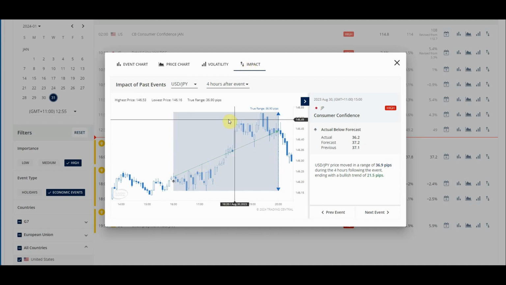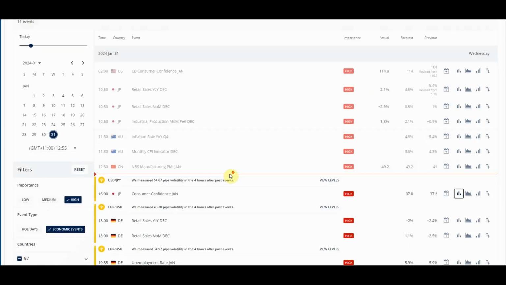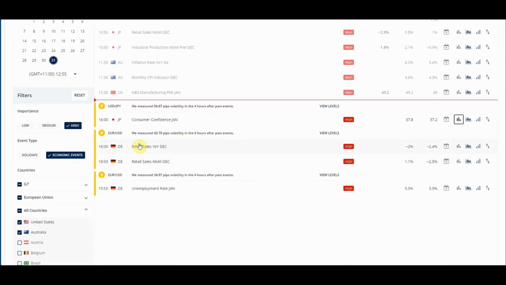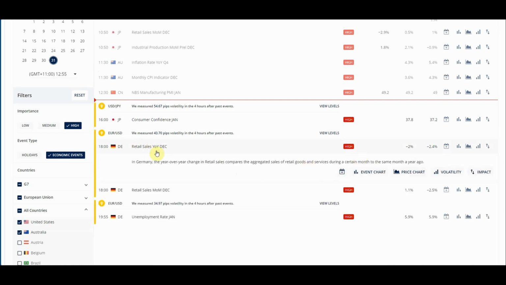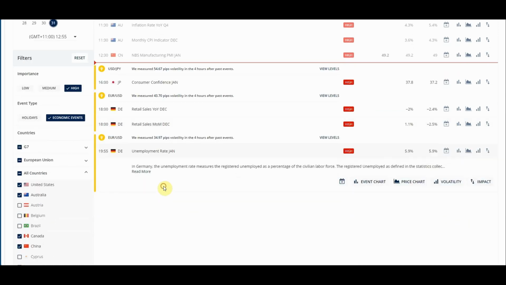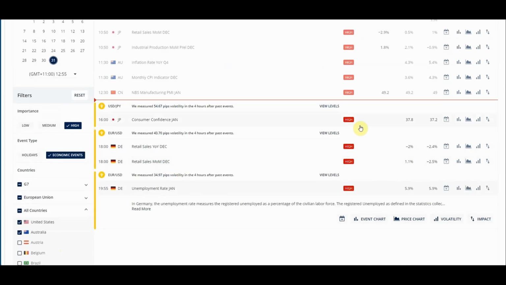And these additional tools, the impact chart, can guide you as to what you might expect the chart to look like and how long you might need to be in that trade to actually reach a point of profitability for that position. You can do this for all of the high impact announcements, and in particular if you've got a preferred setup or symbol that you like, you can filter it and only look for those ones that you really want to trade.